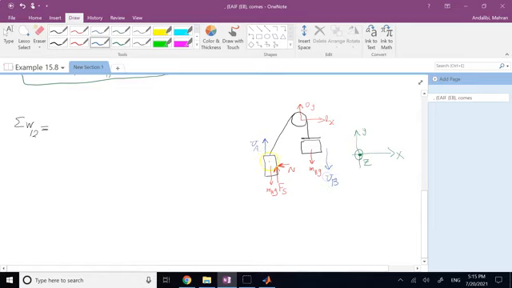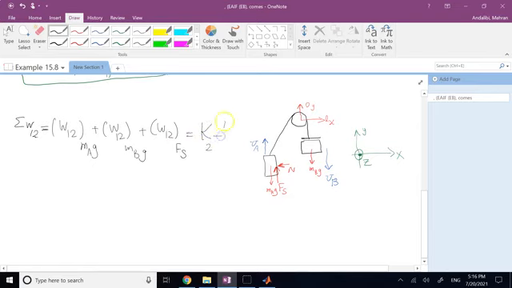So N, which is perpendicular to the direction of motion, doesn't do any work. So all that I have for doing work is the work done by the two mg's as well as the spring force. Correct?